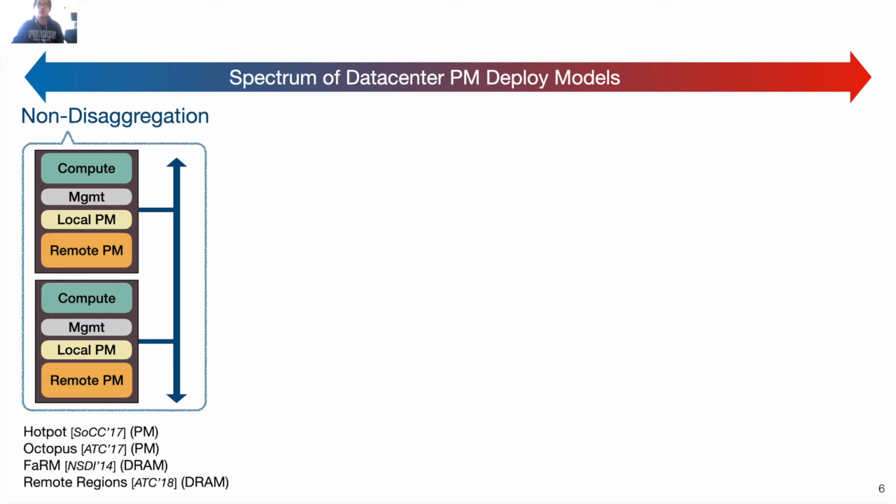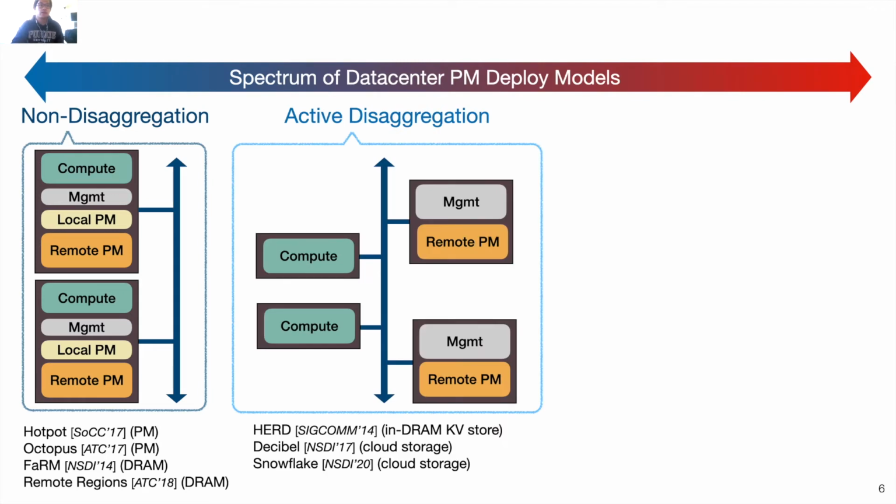In addition, each server runs a PM management layer. At the center is what we call the active disaggregation mode. Regular servers on the left side run application computation. PM nodes on the right side host PM and run the management layer of this PM. Both non-disaggregation and active disaggregation have been extensively studied and adopted in the real world.